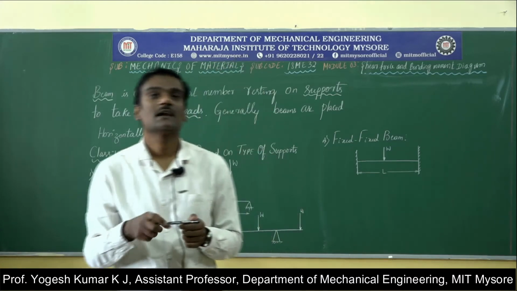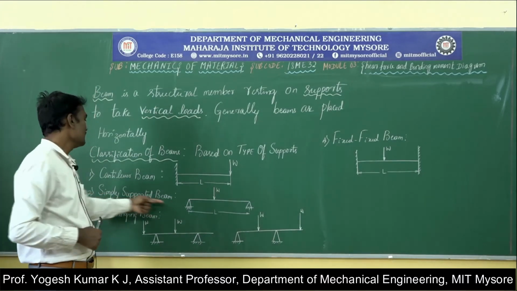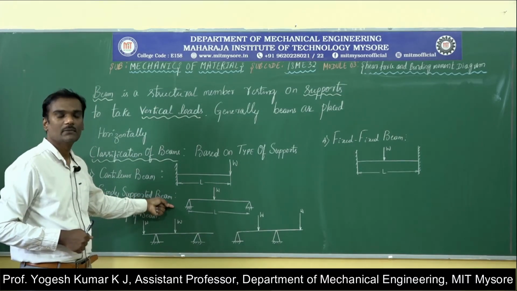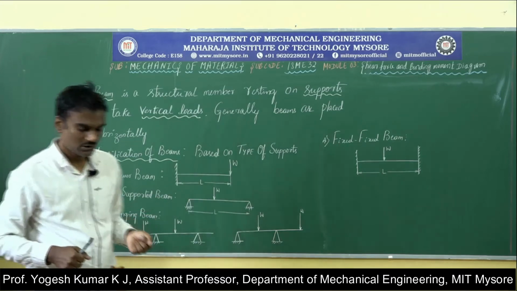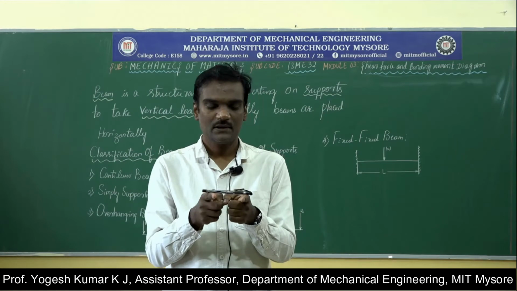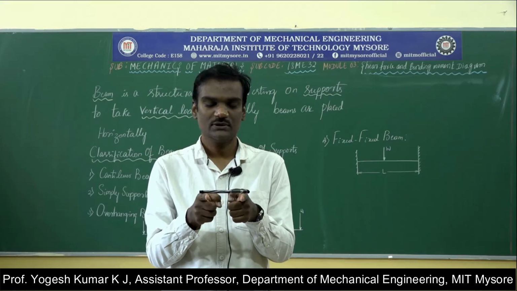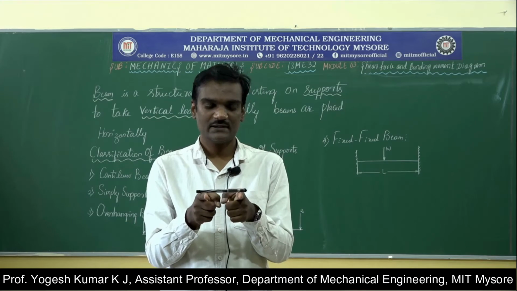Next, the second classification is a simply supported beam. What happens in the case of a simply supported beam? A simply supported beam is one which is kept on two supports. So, same, we have taken the pen.